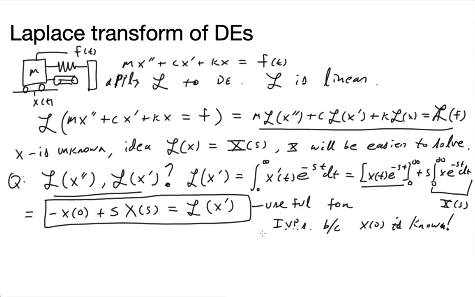Okay, so that's nice. It should also be noted, though, that we can apply this formula again, and I won't compute it here, but the Laplace transform of x double prime is simply going to be negative x prime of 0 minus s x of 0 plus s squared times the Laplace transform of x.